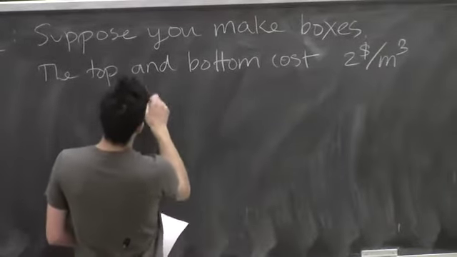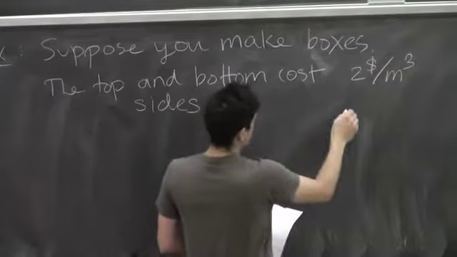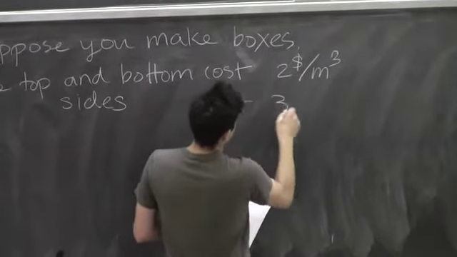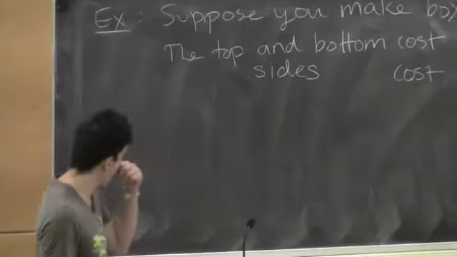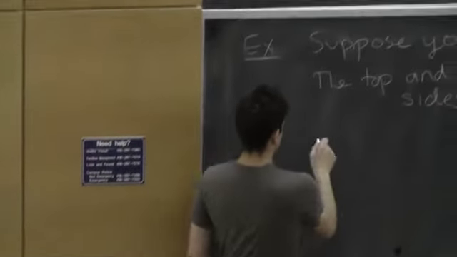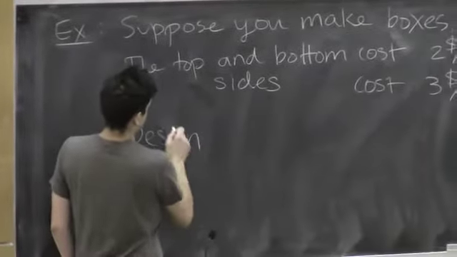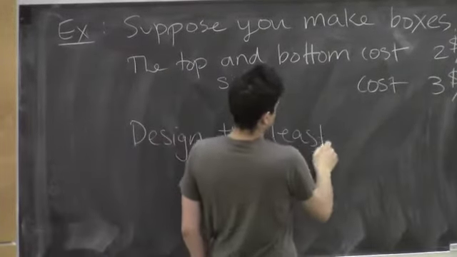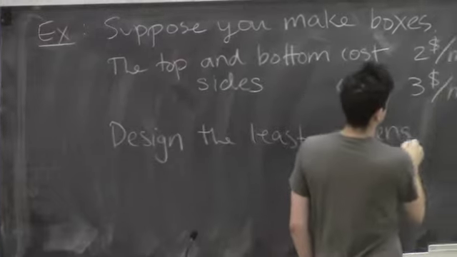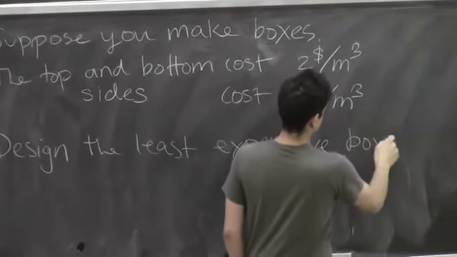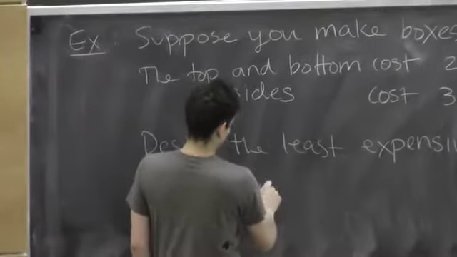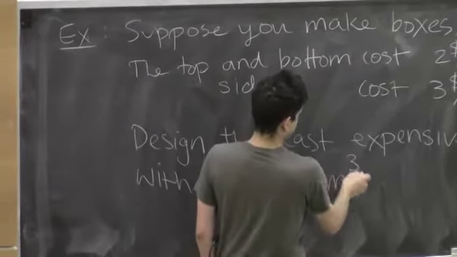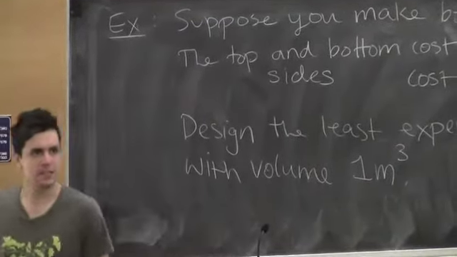The sides cost $3 per meter cubed. So we want the least expensive box with volume 1 meter cubed.